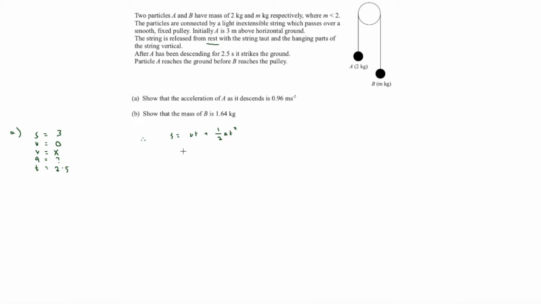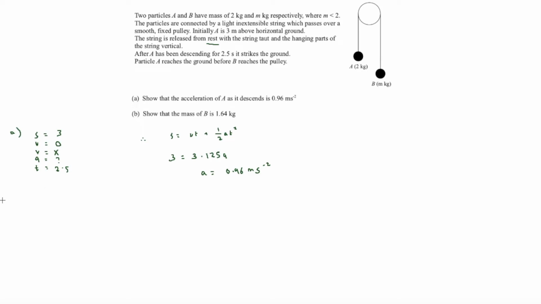So s is going to be 3, ut is going to be 0 because u is 0, which means that 3 is equal to 3.125a. Therefore a is going to equal 0.96 meters per second squared, which we know is right because it says so in the question.